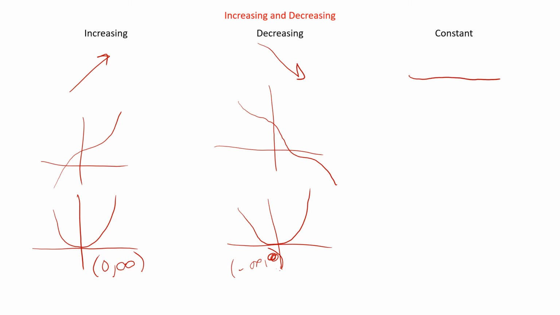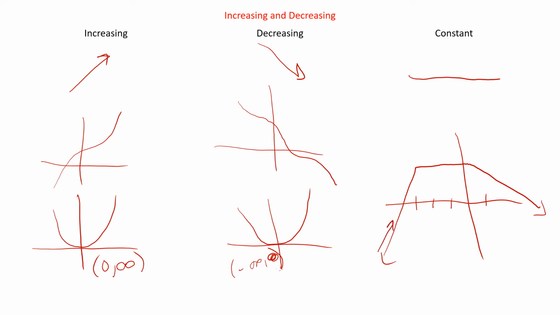So we could actually have a graph that looks like this. Let's say that's negative 3 and that's 1. So it's increasing because it's going up as we're reading from left to right, has that positive slope. It's increasing from negative infinity to negative 3.